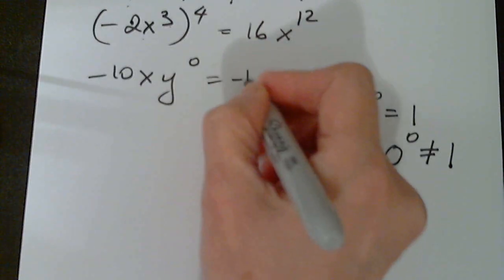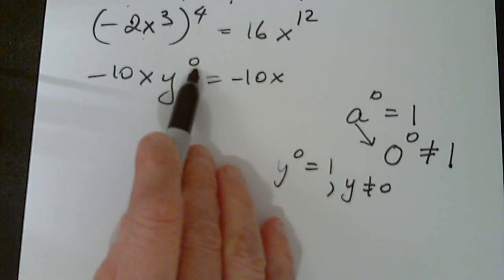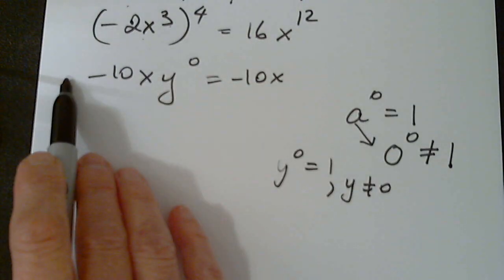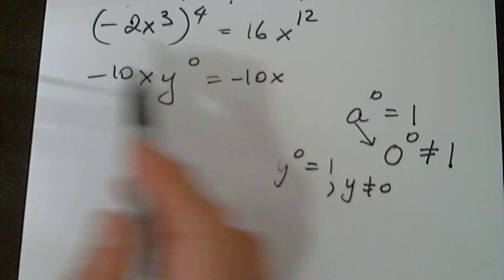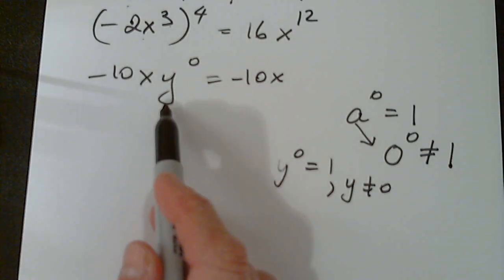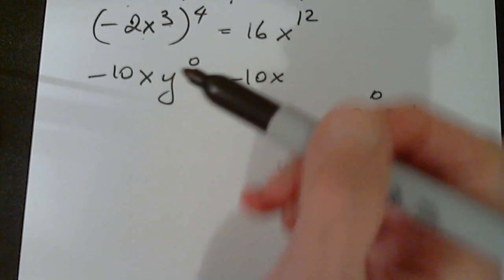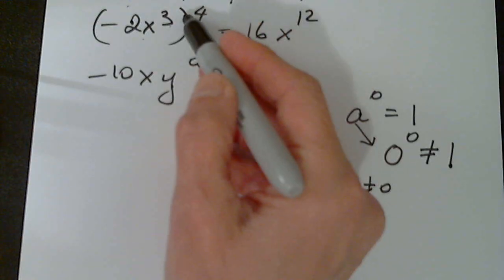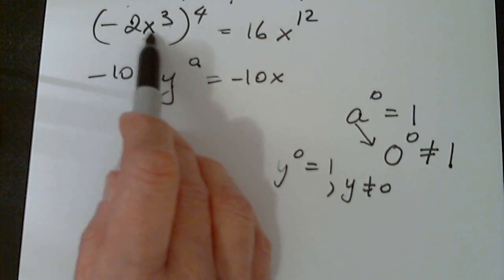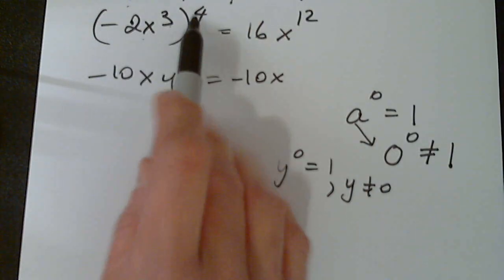So the answer is simply negative 10x. You cannot transfer this power over other factors. This power is attached to y alone. If you have parentheses, it's a different story. But right now, only y has this power. Here is a different story. All these factors have this power.